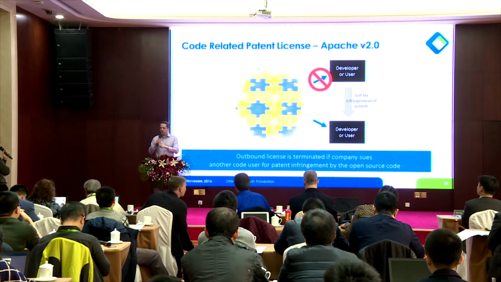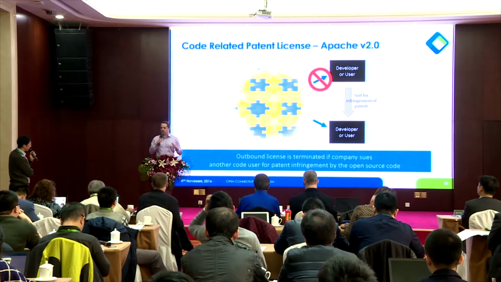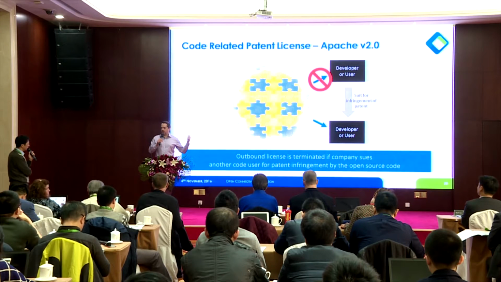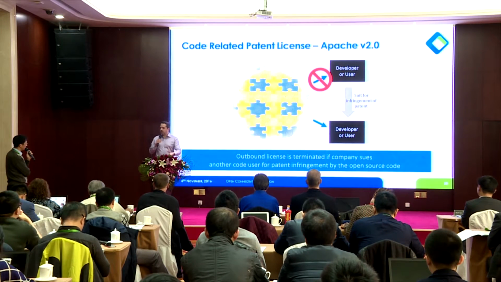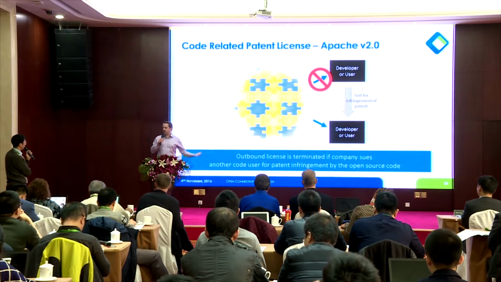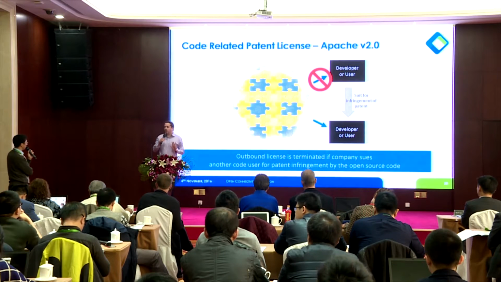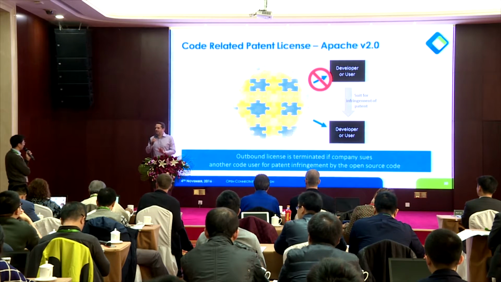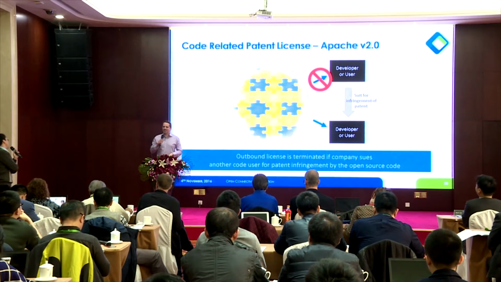Also, if Intel was using IoTivity code in one of their products and Intel sued somebody else who was using IoTivity, Intel would lose the license for the code which they have in their product, which would probably mean that Intel would not want to do that. Probably.